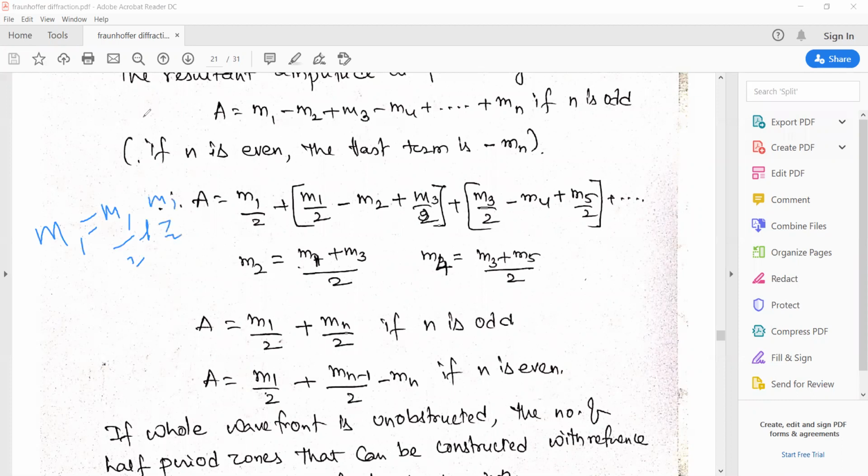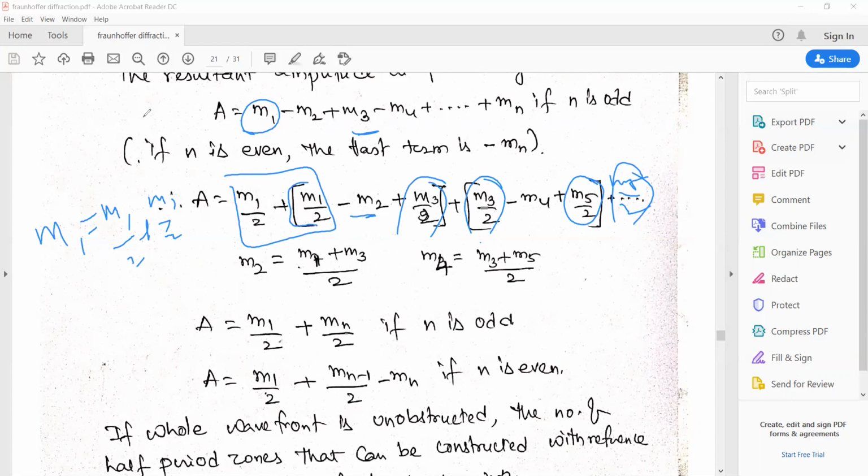I am dividing the M1 term into two terms, M1 by 2 plus M1 by 2, and keep the bracket here, M1 by 2 minus M2. Similarly, all odd terms will be divided like this: M3 by 2, M3 by 2; M5 by 2, M5 by 2. Only even terms will be left like that. Only odd terms will be divided into two terms.